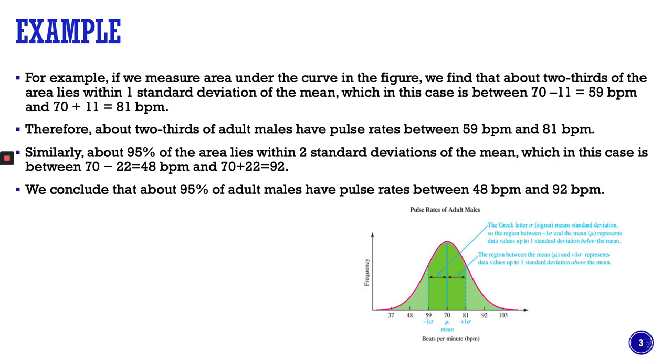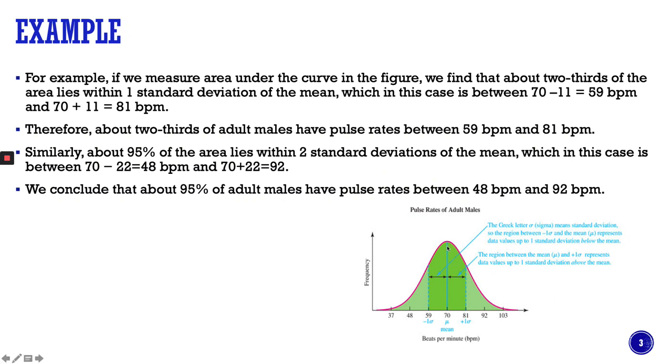So for example, if we measure area under the curve in the figure, we find that about 2/3 of the area lies within one standard deviation of the mean, which in this case is between 70 minus 11 equals 59 beats per minute and 70 plus 11 equals 81 beats per minute.